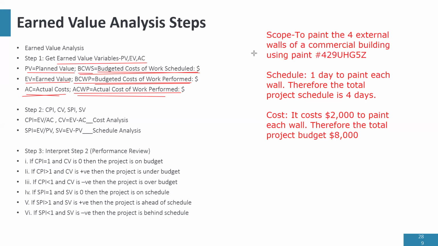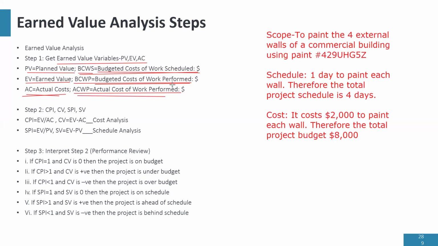Now that we've spelled out everything, let's try and get step one for this project. Of course, this is a project, and this is our plan. Now, let's say that the painting project started yesterday morning, and we are now at the end of the second day. We're now in the evening of the second day. It's a 4-day project, right?